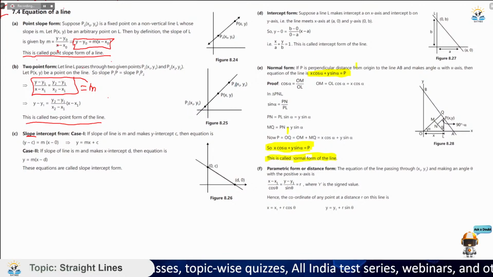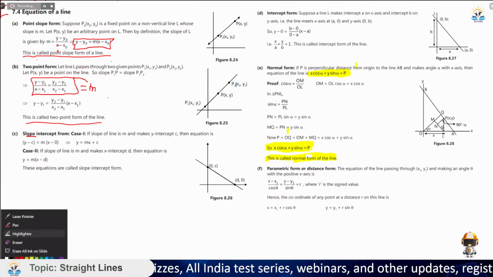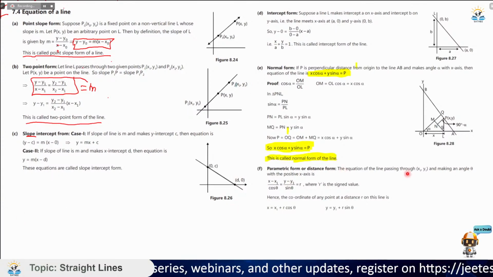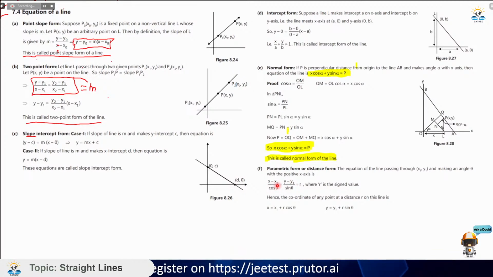Okay, then parametric form. Parametric form में हम जानते हैं parameter हम कैसे decide करें। Parameter हम r cos theta और r sin theta decide करें। So the equation of the line passing through x1, y1 and making an angle theta with the positive x-axis is given as: slope कौन था, tan theta था.